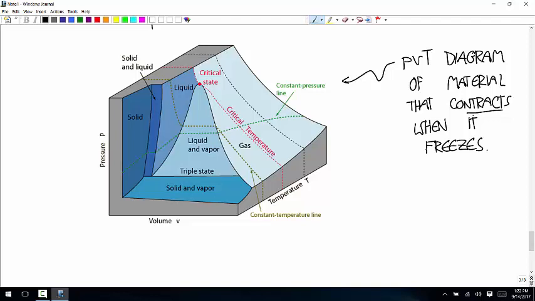But the difference is, if you're going down this face here, if the material contracts when it freezes, it goes in here and then pops out towards a higher volume as the temperature goes up, because then you're melting.